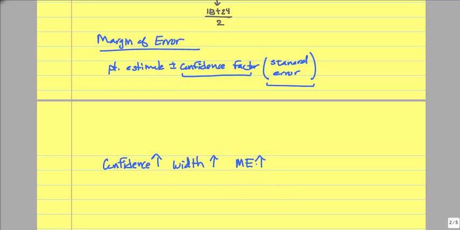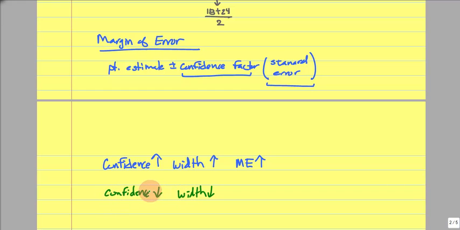Now, if I'm less confident, if my confidence goes down, let's say I'm only 90% confident in my estimate, what ends up happening is the width will decrease as well. So I might say, well, I'm going to go try and estimate your final exam grade right now before you even take it. I can do that. I can say, well, I think it's going to be somewhere between 70 and 80.